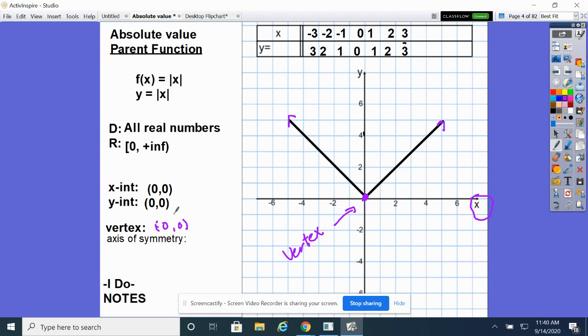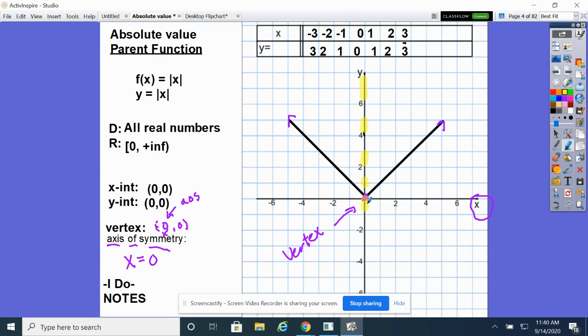Now, this first value right here, that is called the AOS. That's the axis of symmetry. I like to shorten it and just call it the AOS. We only want the first value. The first value is the x value, right? So for the axis of symmetry, we're saying x is equal to 0. The axis of symmetry, it's kind of like the line of reflection.